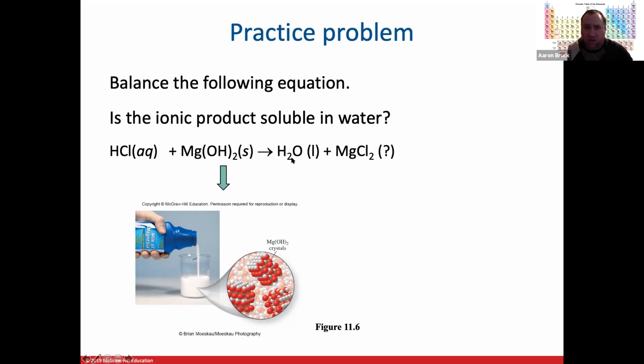Products of that reaction are water, since it's a neutralization, and magnesium chloride. Now to balance this, very similar kind of process to what we saw in the previous example. I've got hydrogen, chlorine, magnesium, and oxygen on both sides.